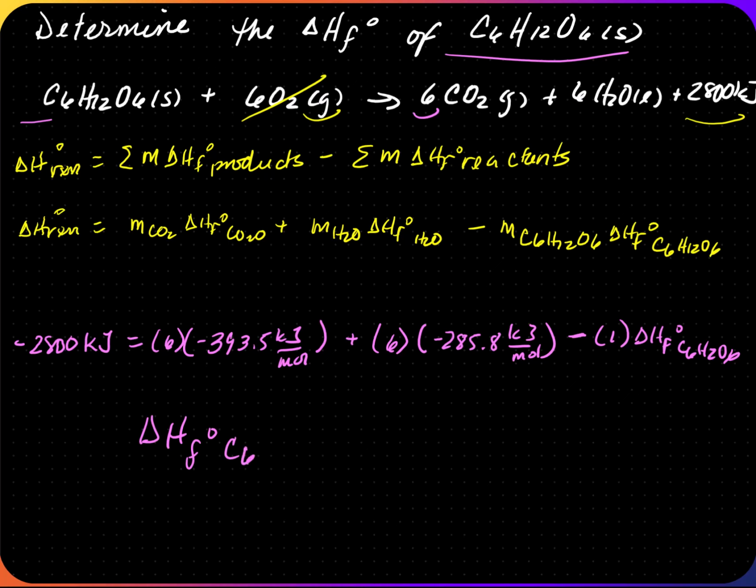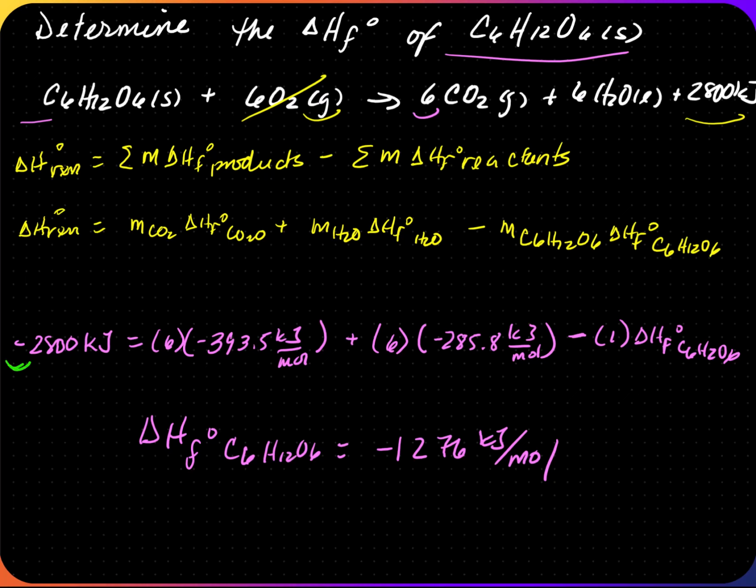After you calculate, delta H_f° of glucose becomes negative 1,276 kilojoules per mole. If you are not getting these answers, double check your math.